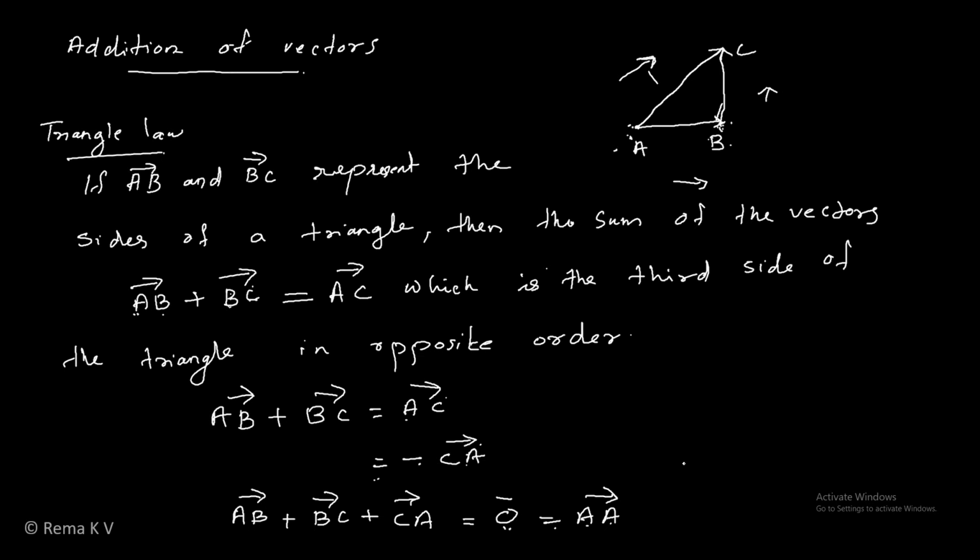Okay, now let us move to the next one. Suppose we are considering two vectors AB and BC. If we are considering a vector equal in magnitude to this BC but in opposite direction, then AB plus this BD.